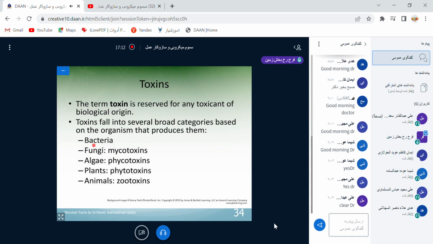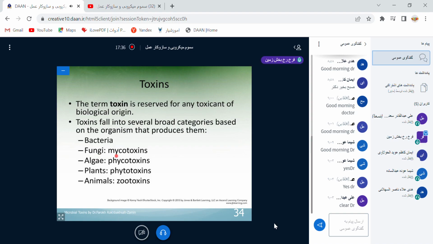Some toxins, that is what we explained. We want to review and go to the new one. Some toxins are produced by fungi, so we call them mycotoxins.